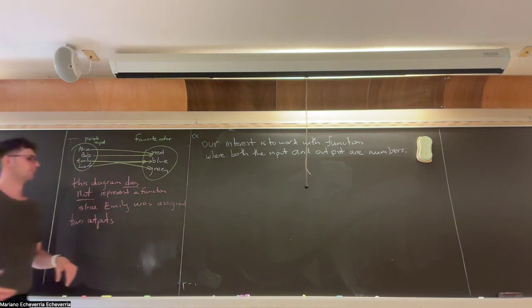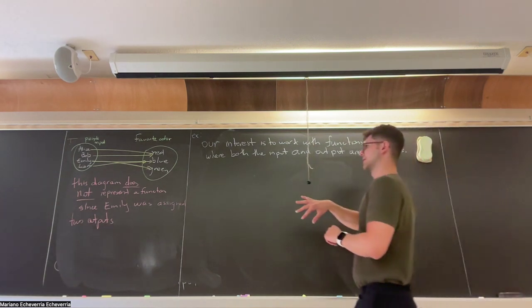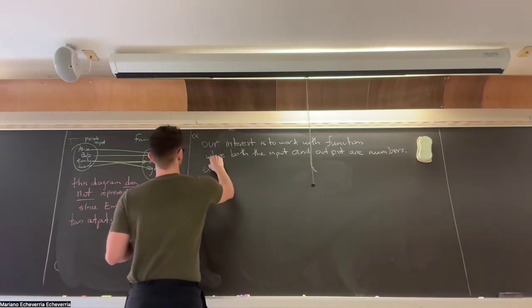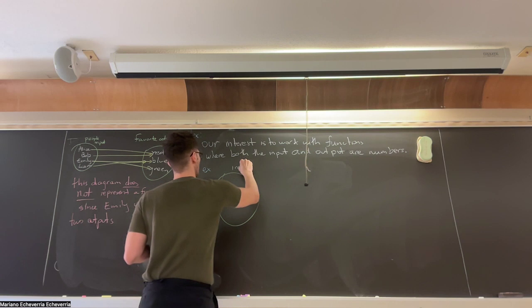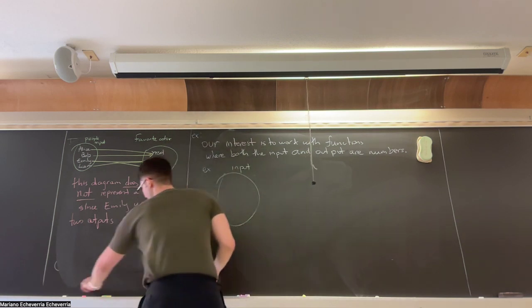So here's an example of that. And this will allow me to start getting into the idea of the graph. One example could be, my input would be, I'll just take the first four numbers, 1, 2, 3, 4.